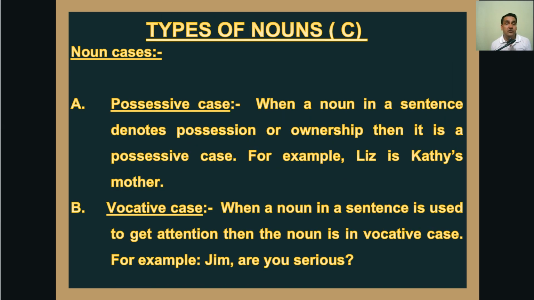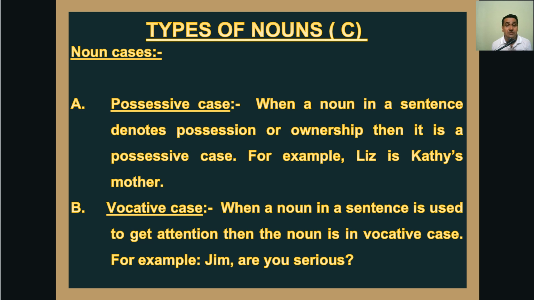Then we are going to look at the further classification, and this is noun cases. These tell us the position of the nouns in a sentence. So possessive case, when a noun in a sentence denotes possession or ownership, then it is a possessive case. For example, Liz is Kathy's mother. Then we have vocative case, when a noun in a sentence is used to get attention, then the noun is in a vocative case.